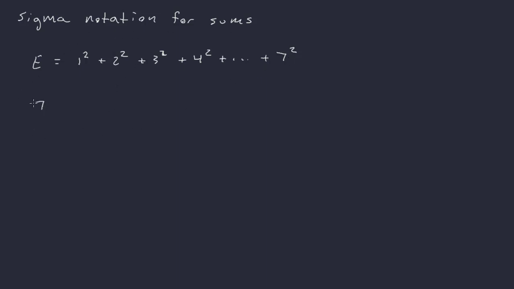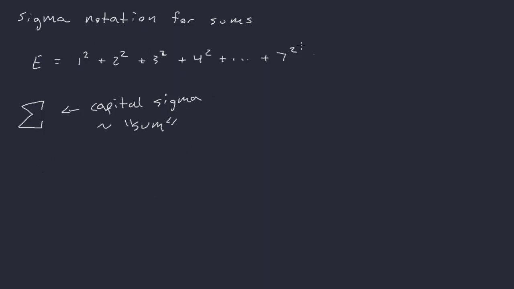In sigma notation, we use the capital sigma, which is a Greek letter, and it kind of corresponds with the letter S. So we're basically saying S for sum.